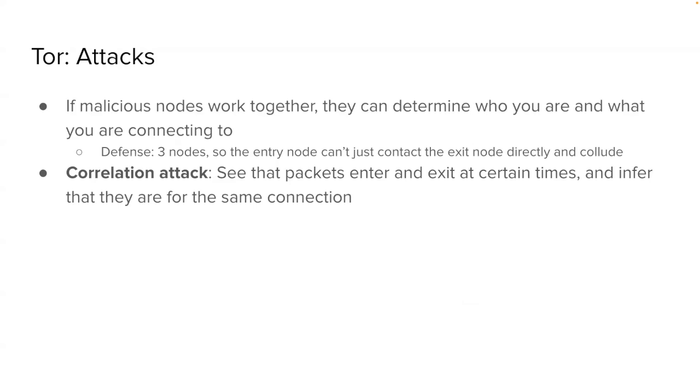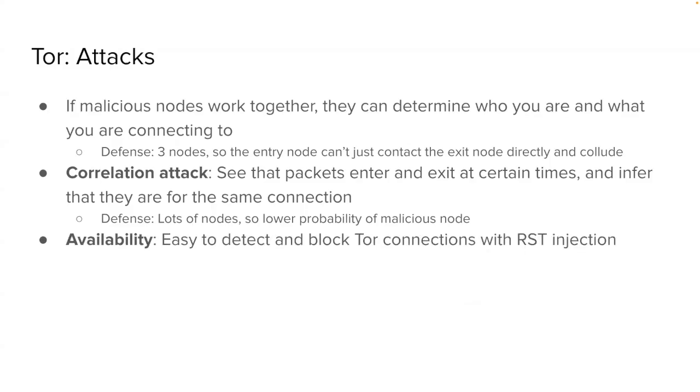That's the correlation attack. The defense is to include more nodes and more users, so that there's a lower probability of a malicious node. I don't think this is the right reason for this defense, but the idea is that you include more nodes and more users so that it becomes more complicated for the attacker to infer this connection from the timing basis.